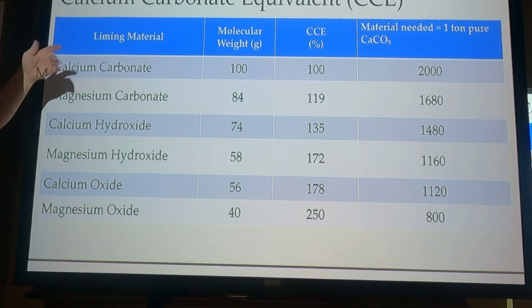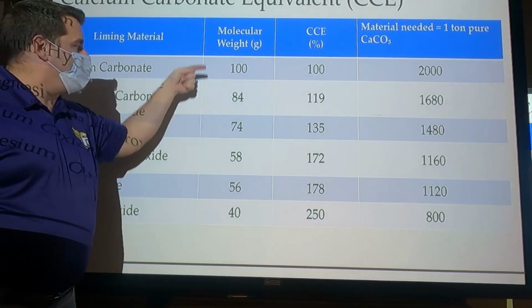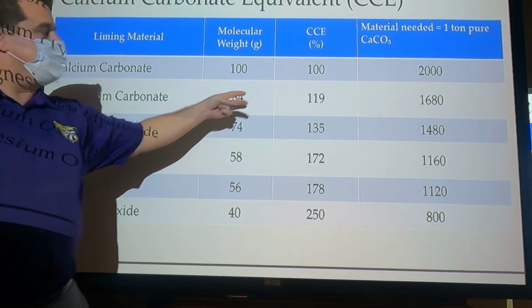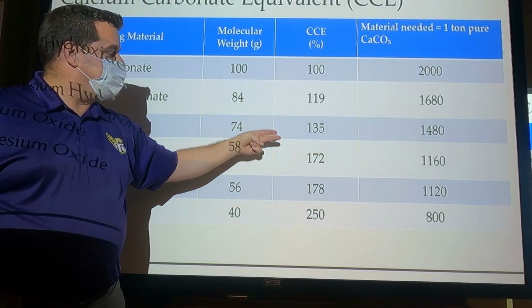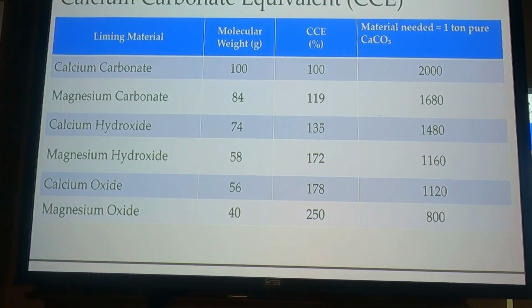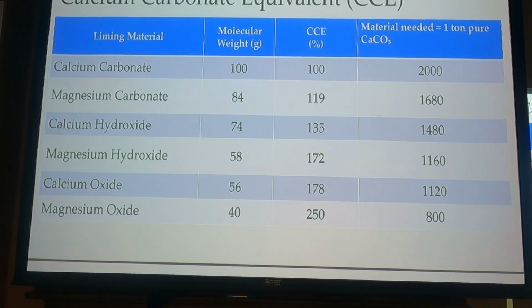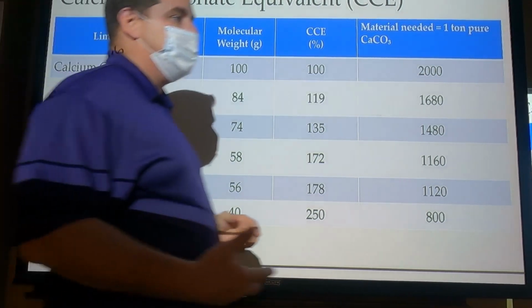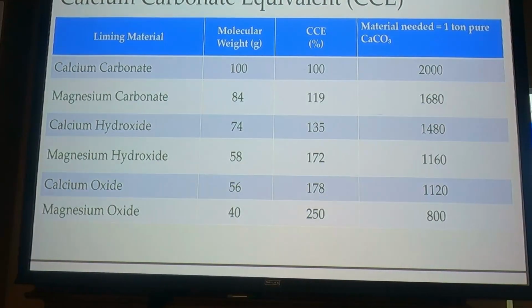But as we decrease our molecular weight, we see that our calcium carbonate equivalent increases. And so the lower the molecular weight, the easier the dissolution process happens. So this calcium does not require as much calcium hydroxide to neutralize the same amount that it would take for calcium carbonate. It's all just based on the chemical composition of that material.